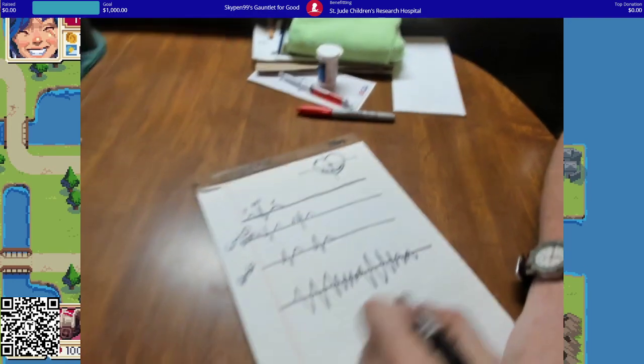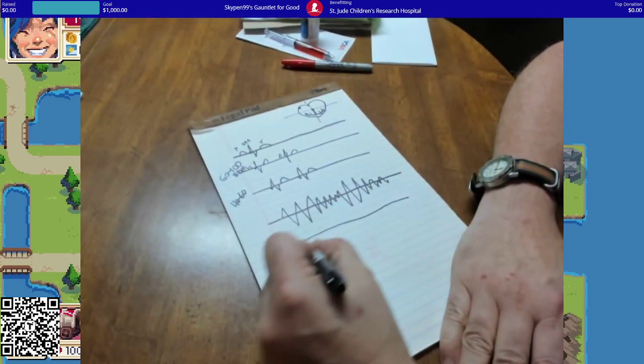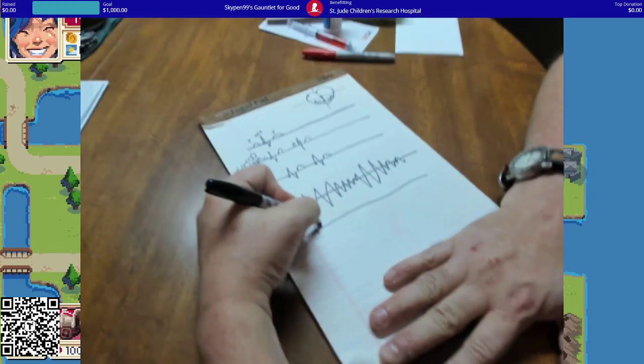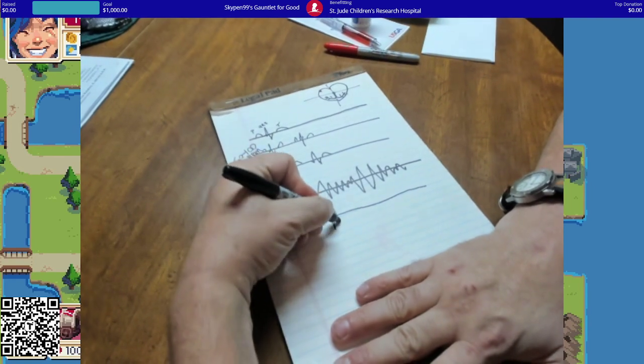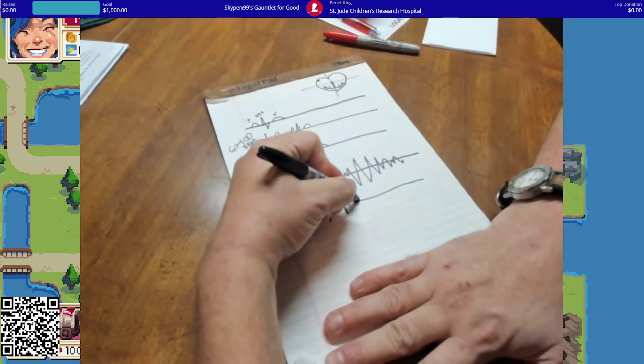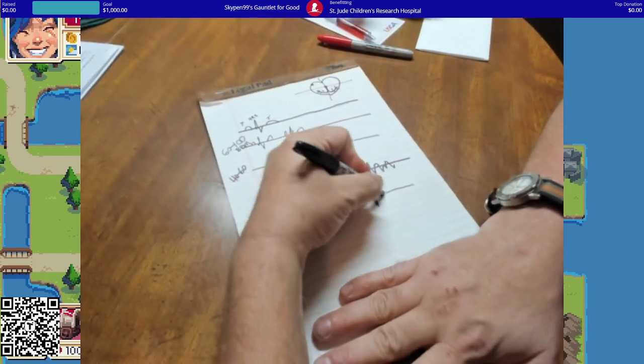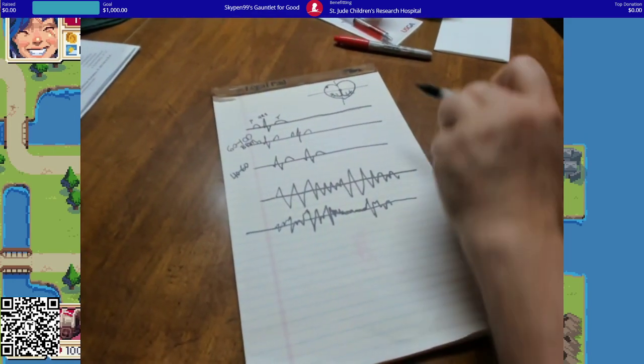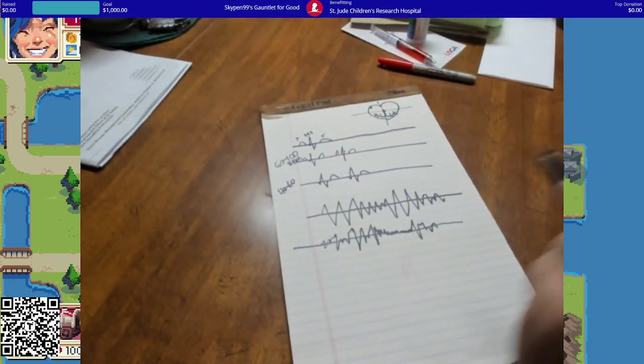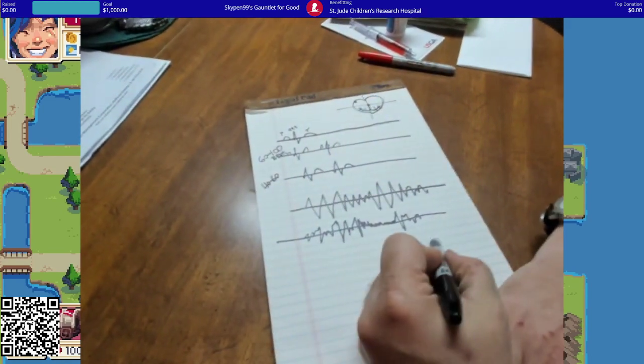So you can see variations where you get all sorts of random beats that are just occurring in the bottom half of the heart. We'll do one more.